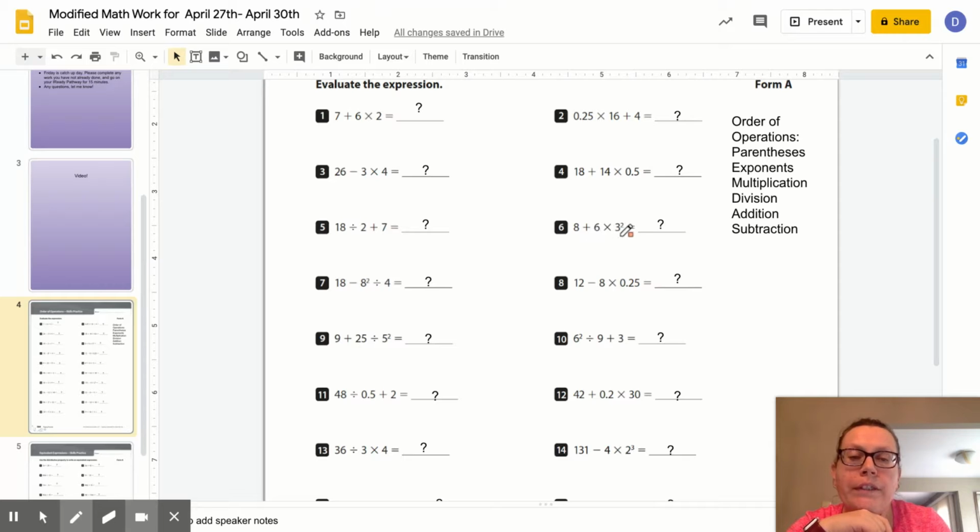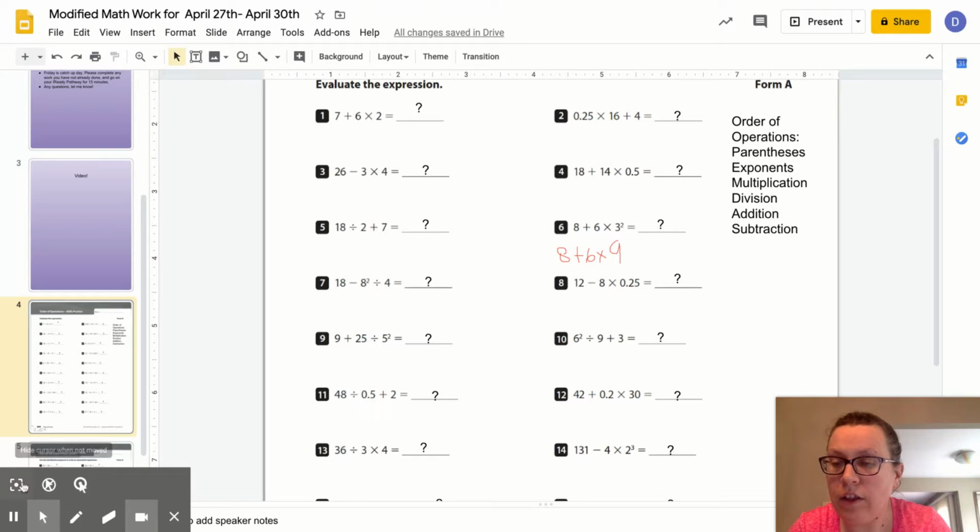So what we see here is 3 to the second power, which we know is 3 times 3, or 9. And then I'm going to bring down my 8 and my 6 and my multiplication sign.